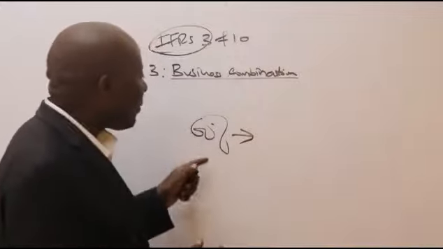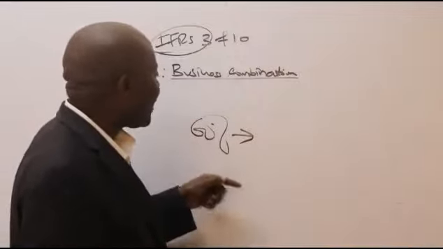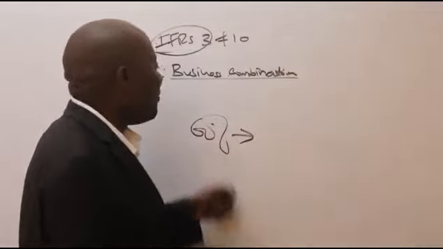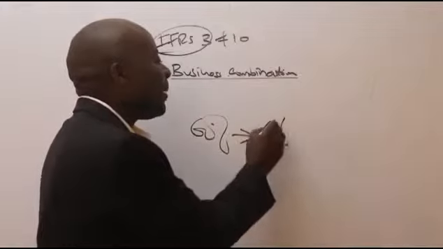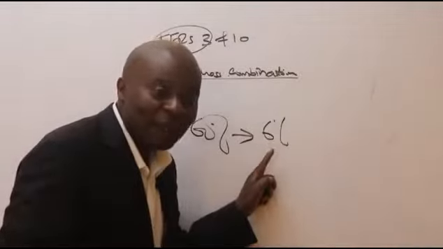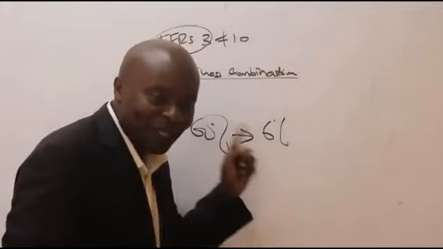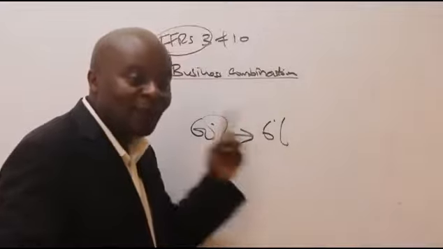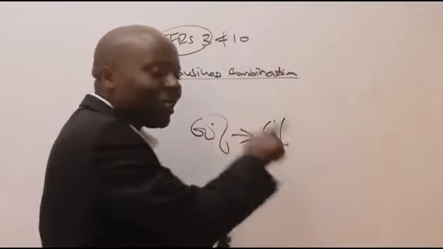So if the remaining 60% is distributed among just 10 shareholders, each one of them will have a paltry 6%. So who becomes the king? The one who had 40% is the one who will be calling the shots, because 40% is bigger in comparison to what the other shareholders have.